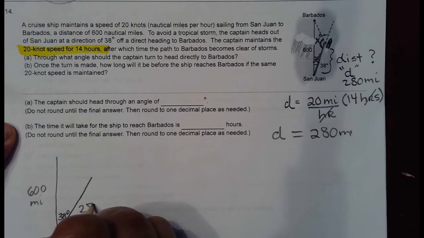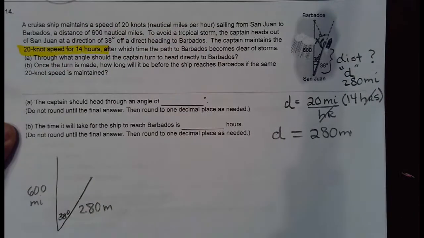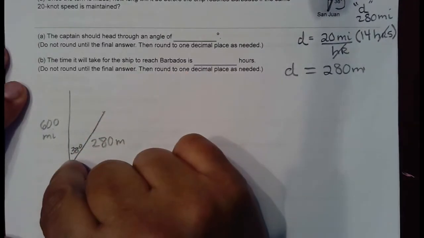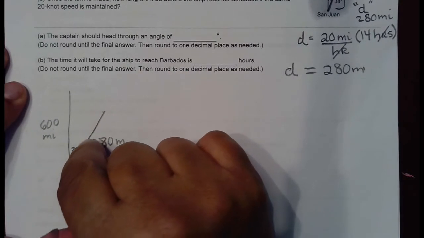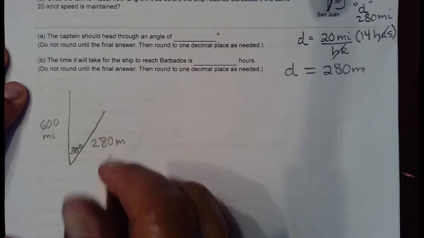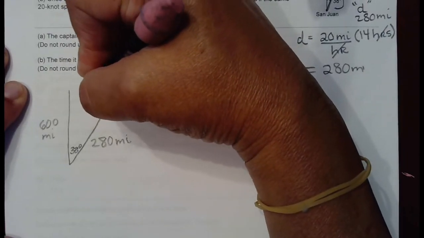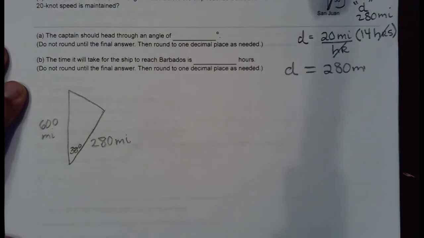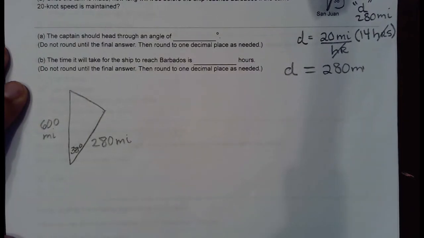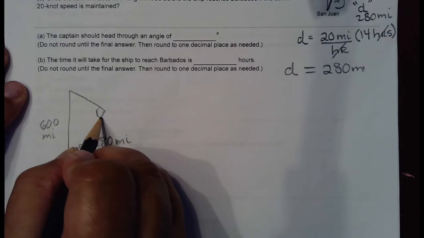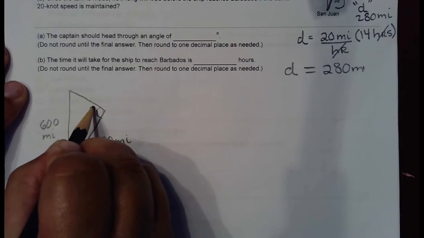If I wanted to find this angle right here, I could start with law of cosines. I could start it off with 600, we've got the X there, and finish it off with this angle right here.